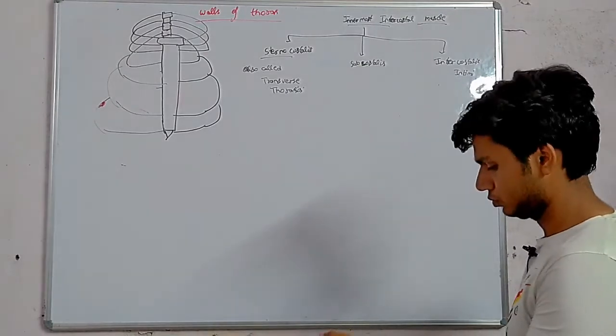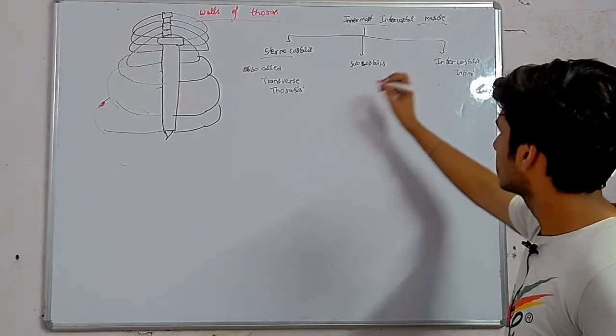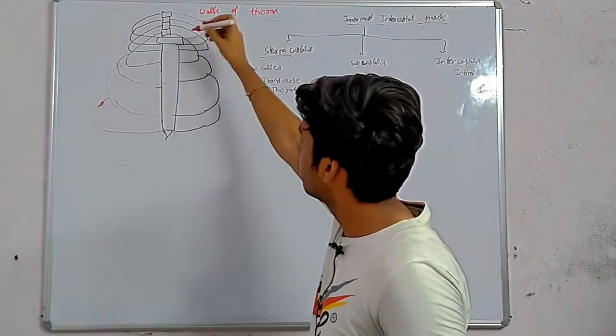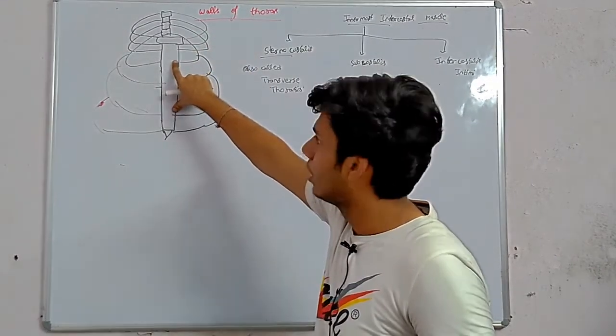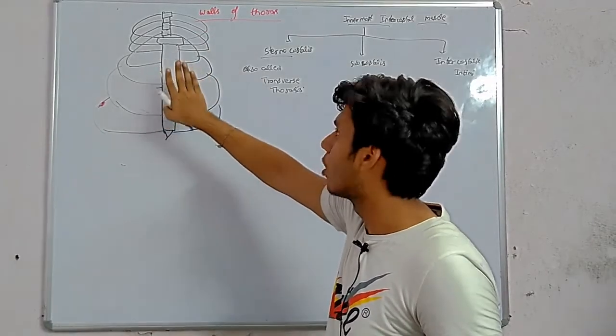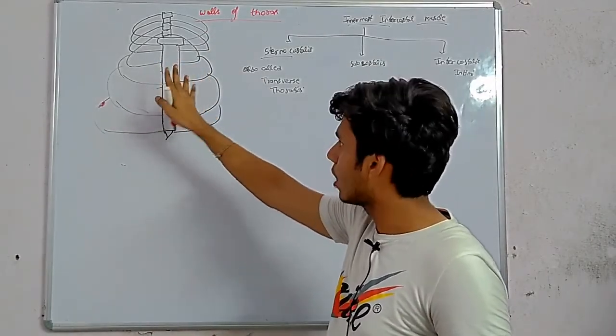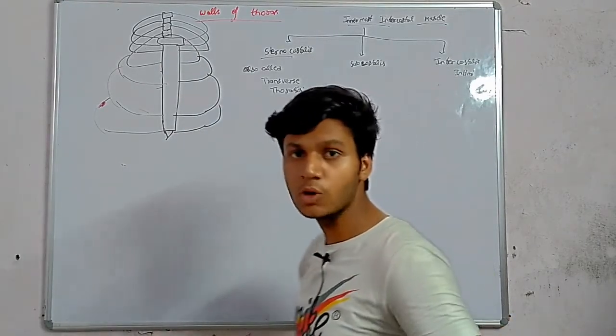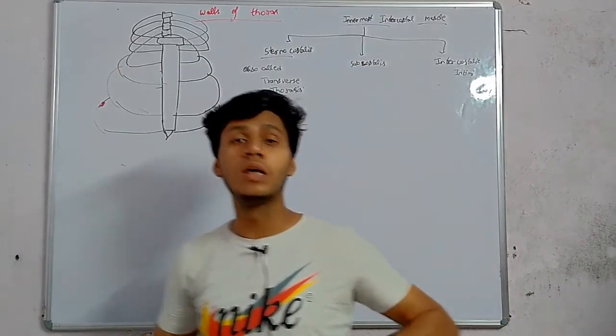Let's see the arrangement now. First come to the sternocostal. Here let's say this is the sternum and this is the anterior aspect of the thorax. Here ribs. Now come to the posterior of the thorax. It is present posterior to the thorax, on the inner side of the thoracic walls.